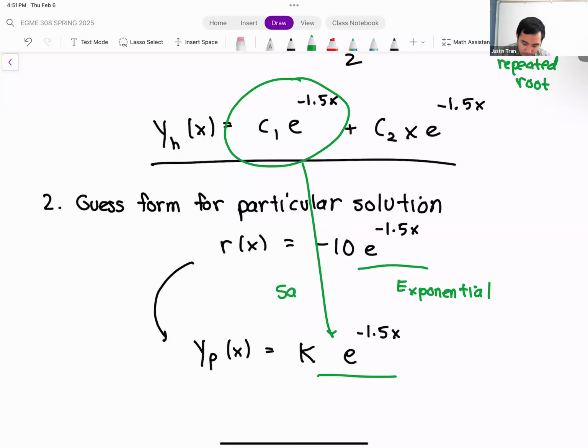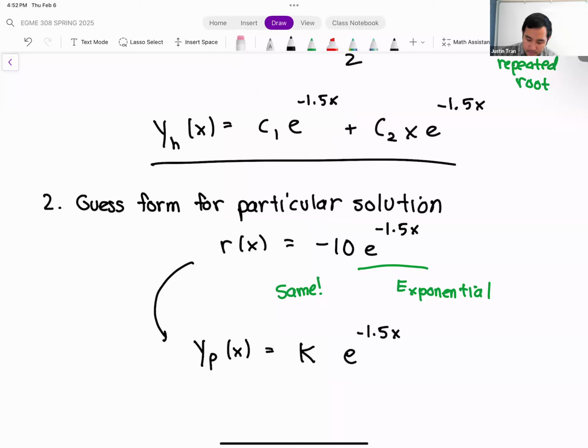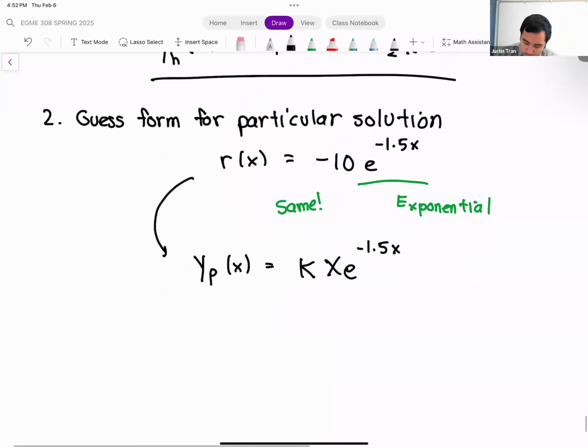So these are the same. So our particular solution can't be just e to the minus 1.5x, and we have to make it independent from our homogeneous solution. The way we do that is we're going to multiply this expression by x.